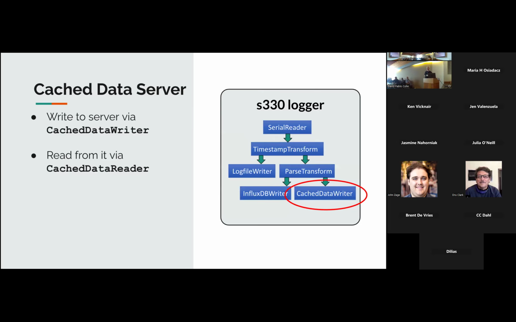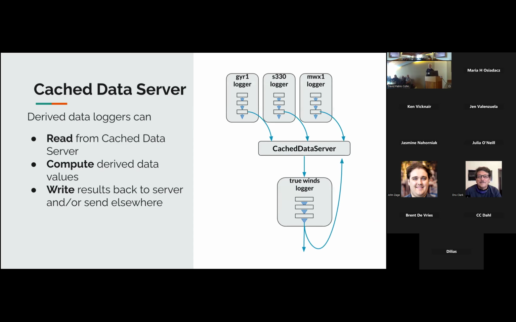Well, you have each of your loggers. You have your GPS logger send its data to the cache data server. You have the compass send its data to the cache data server. Okay, so there we go, you have the diagram.